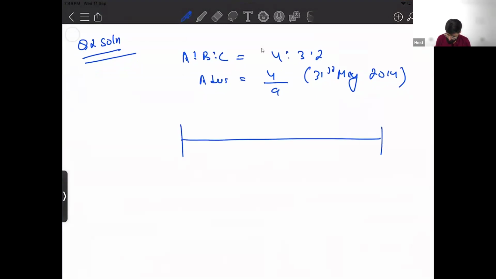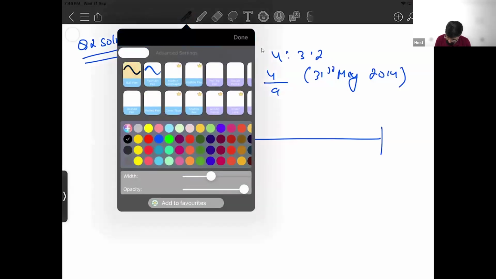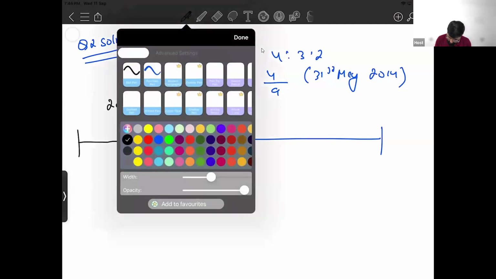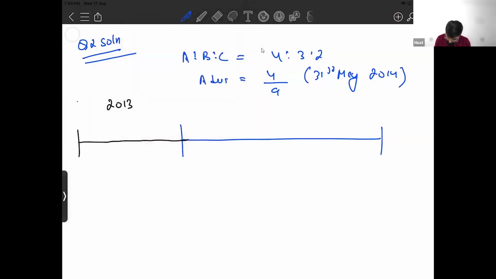Again, I prefer understanding through a timeline. In the exam, draw a rough timeline. This is 2013, the previous year, and this is my current year 2014.